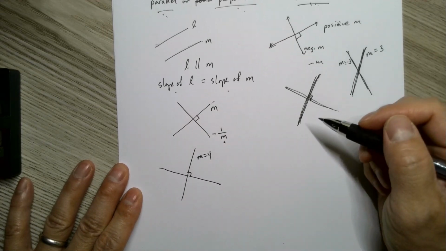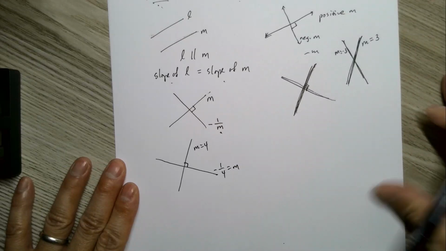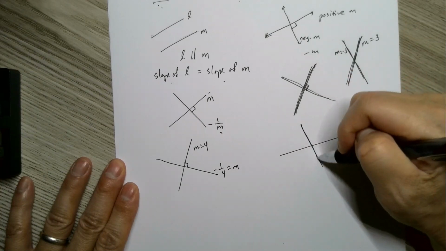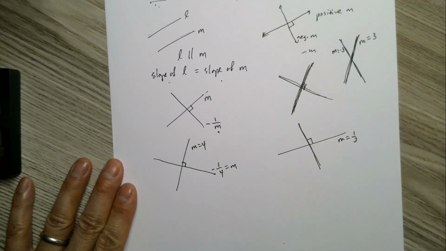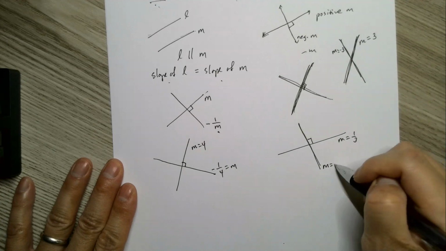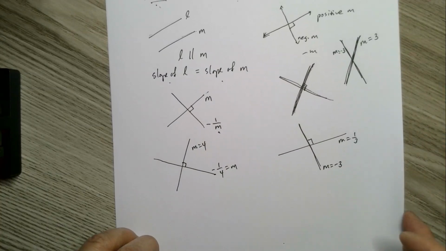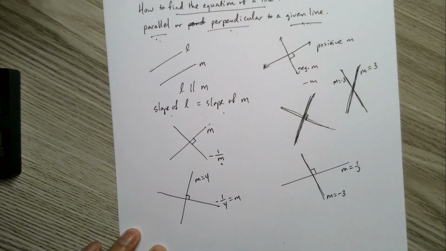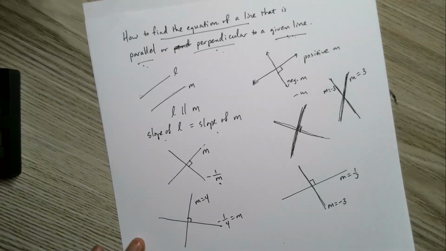Then the perpendicular slope to that is going to be negative 1/4. And then if this one is not steep, whoops, that doesn't look perpendicular, but close enough. If this is 1/3, then the perpendicular slope is going to be negative 3, the negative reciprocal. Okay, so now that we have the parallel relationship of the slopes, and the negative reciprocal relationship between the two slopes in perpendicular lines, we can find some equations.